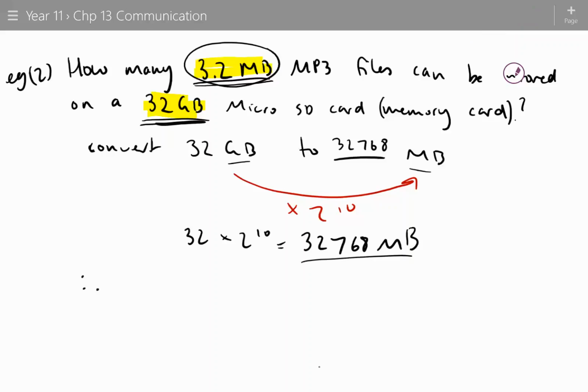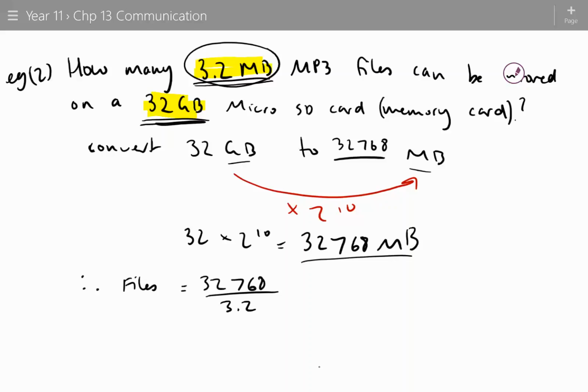So therefore, we're saying the amount of files that can fit is going to equal our answer, 32,768 divided by 3.2. I want to see how many 3.2 files can fit into our total 32 gigs, our 32,768.